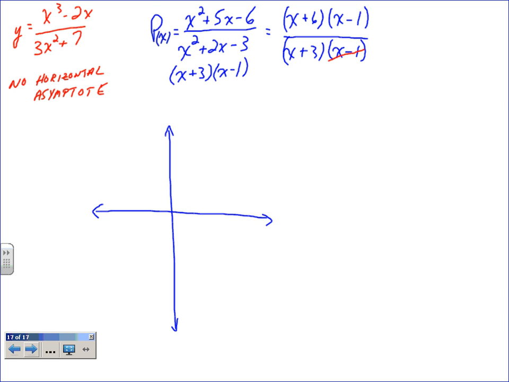If something reduces, then we have a hole in the graph at x equals 1. I'll show you what that looks like in a minute.